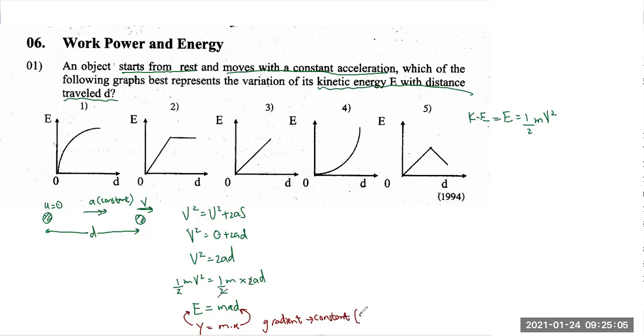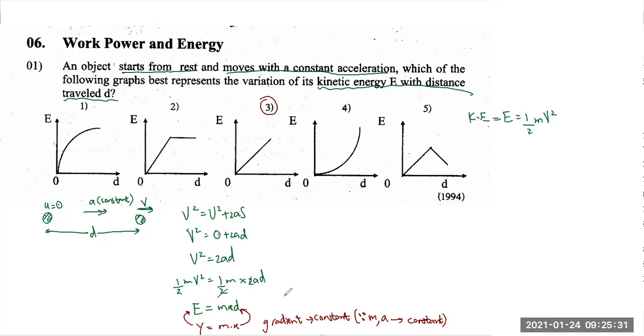Because mass and acceleration are both constant. For an object, mass won't change unless you remove something from it or add something to it. Nothing of that sort is mentioned here, and moreover, the acceleration is constant. Therefore, the graph should have the form y equals mx, so we settle on the third answer. You have to be careful.